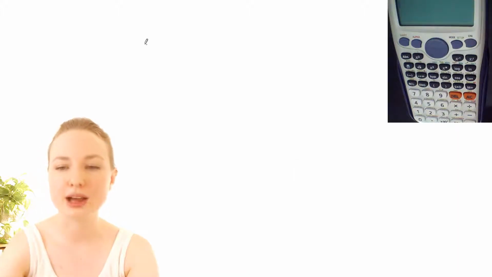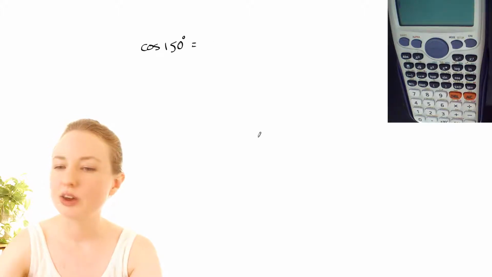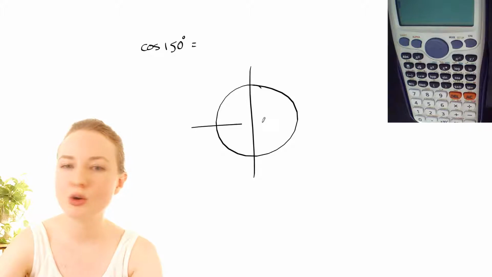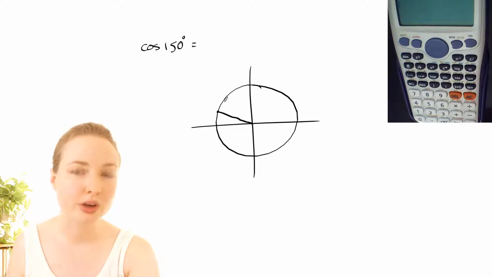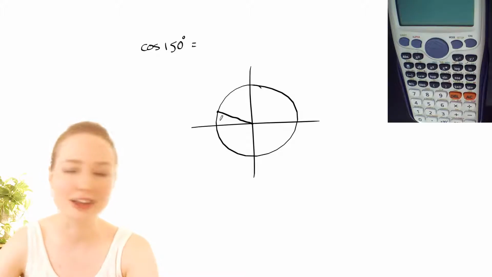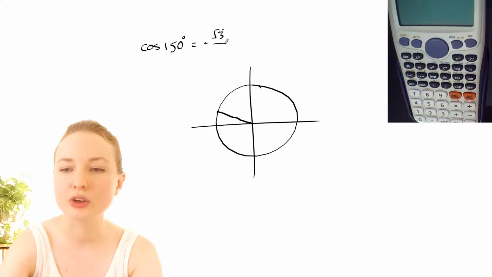I want to show you how to use the calculator to verify these things in case you want some more practice. So let's say we want to work out something like cos 150 degrees. So we draw a little unit circle. 150 is over here. You can see that the x-coordinate there is negative, and it's quite large, almost at negative 1. So we might guess that that's negative √3 on 2.